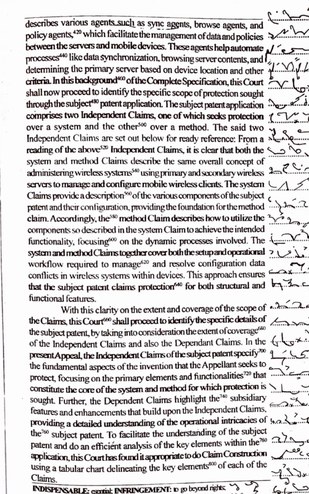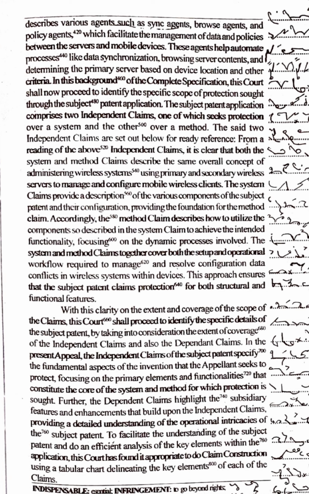With this clarity on the extent and coverage of the scope of the claims, this court shall proceed to identify the specific details of the subject patent by taking into consideration the extent of coverage of the independent claims and also the dependent claims.